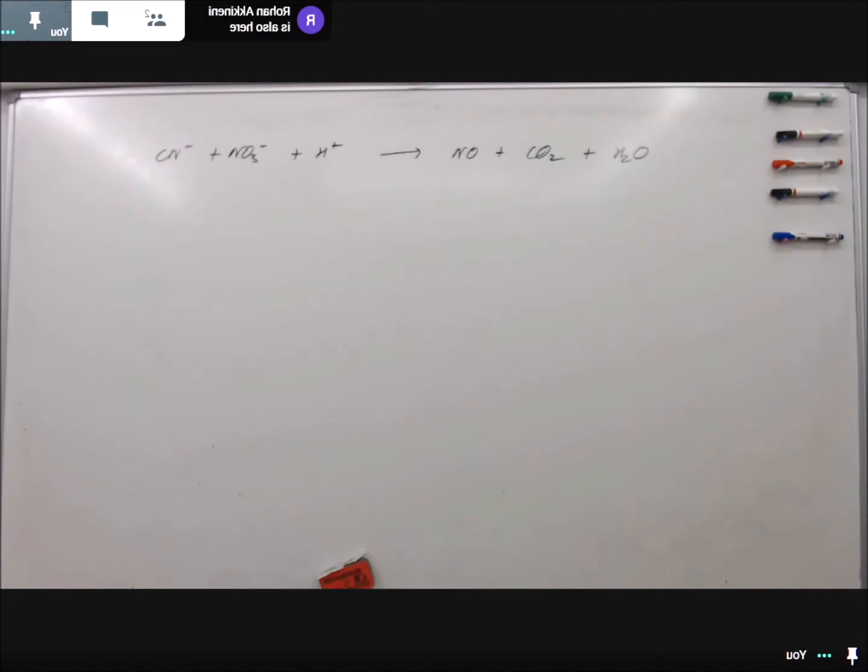So in CN minus, the oxidation number of carbon will be 4, right? In CO2, it is 4. I would suggest that you don't take the carbon and nitrogen separately. Just take the carbon plus nitrogen as minus 1. The same thing you can do on the right hand side.